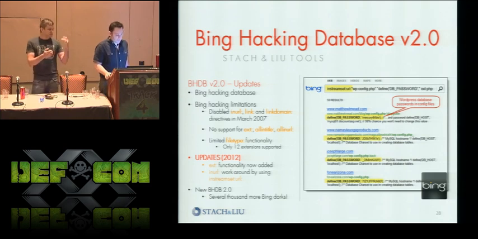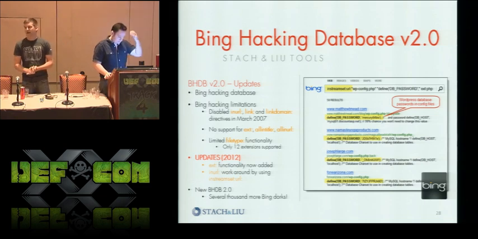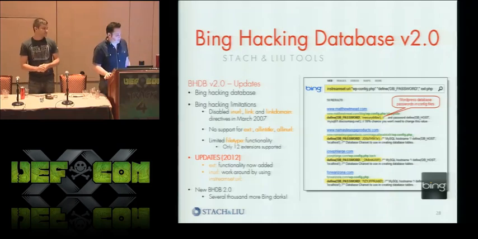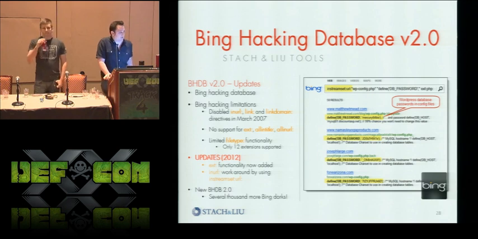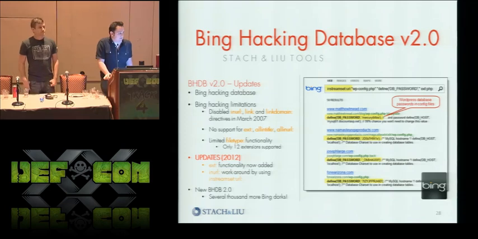But we found that using that instreamset:url, which is just kind of a footnote in their documentation that we came across, we can revive Bing hacking and make it, as Fran said, just as viable as Google hacking. And we see in this screenshot this instreamset:url and wp-config, and you see out there a number of results of people with their WordPress configurations with their database passwords right there in the configuration file.